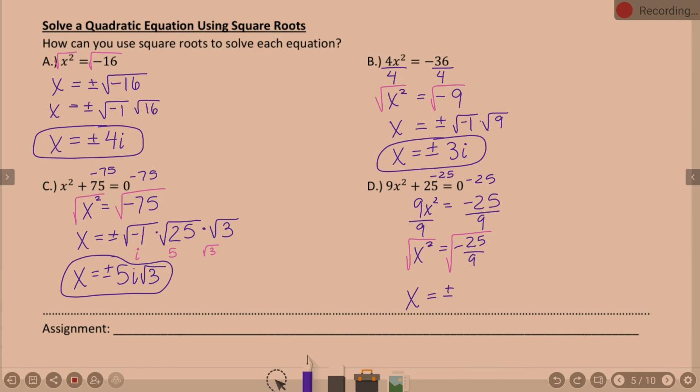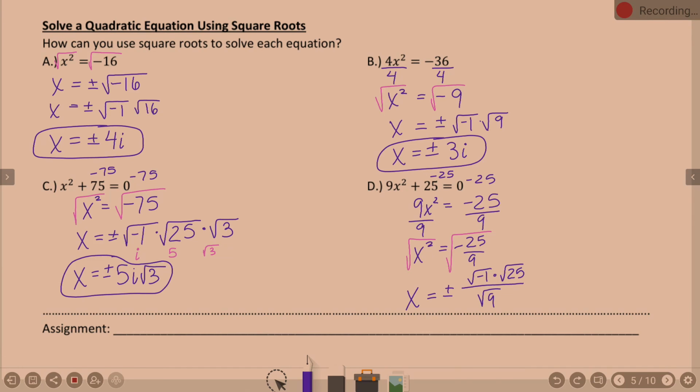Now, do you see this? 25 is a perfect square. 9 is a perfect square, and there's a negative in there, yes? So think about this, if you want a visual. Square root of negative 25 is going to be negative 1 and 25. Square root of 9 is your other piece. Those are your pieces if you need to see the pieces.